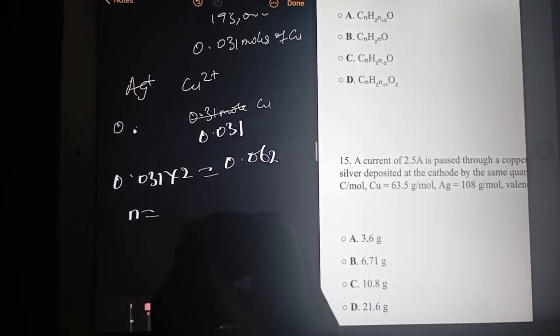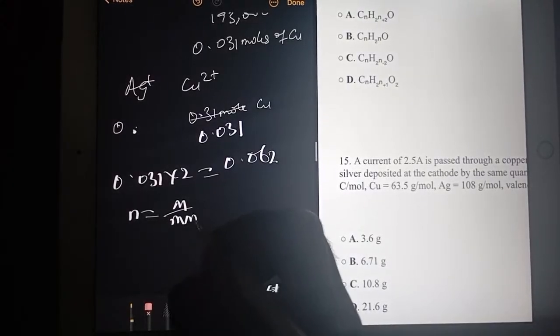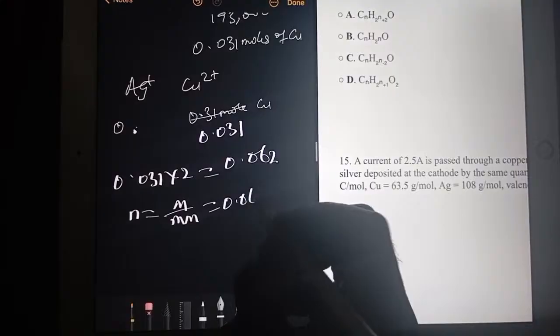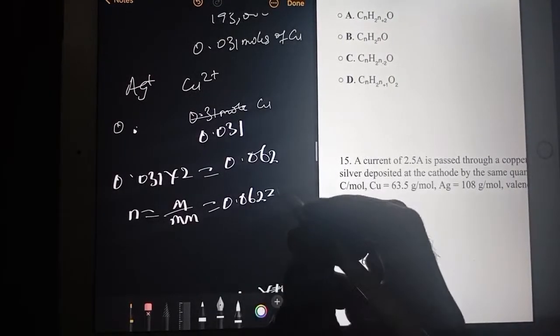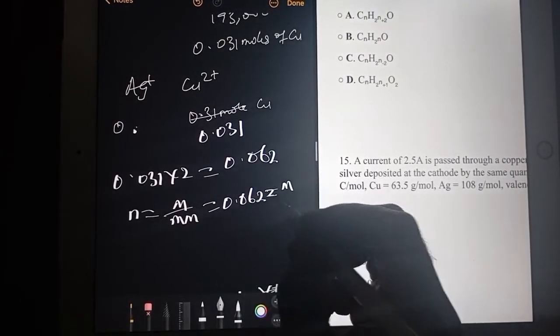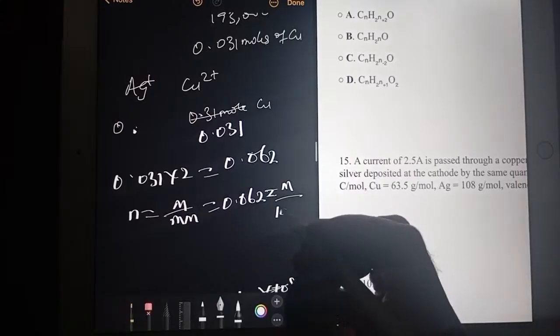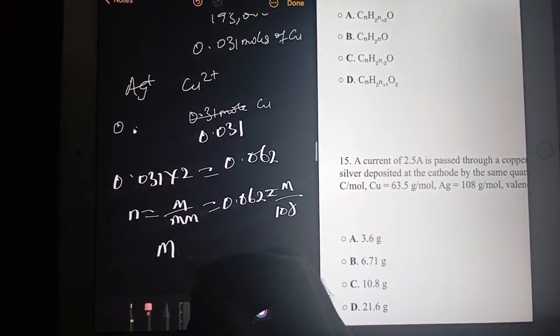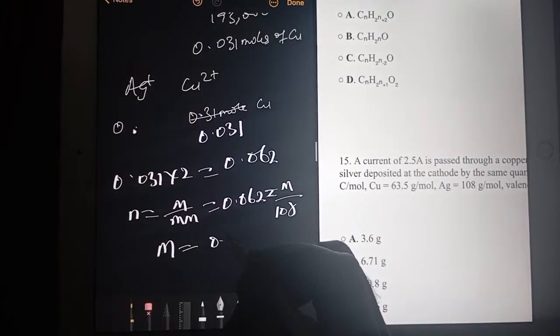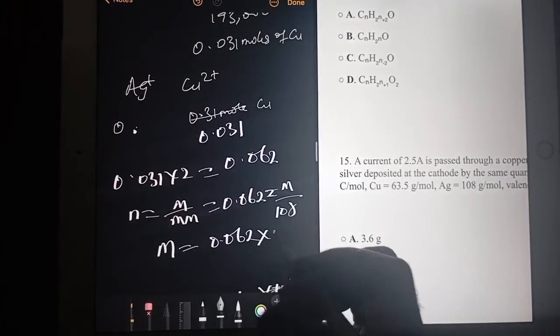Using mole equal to mass over molar mass, we have that 0.062 is equal to m over 108, so that the mass discharged is 0.062 times 108.